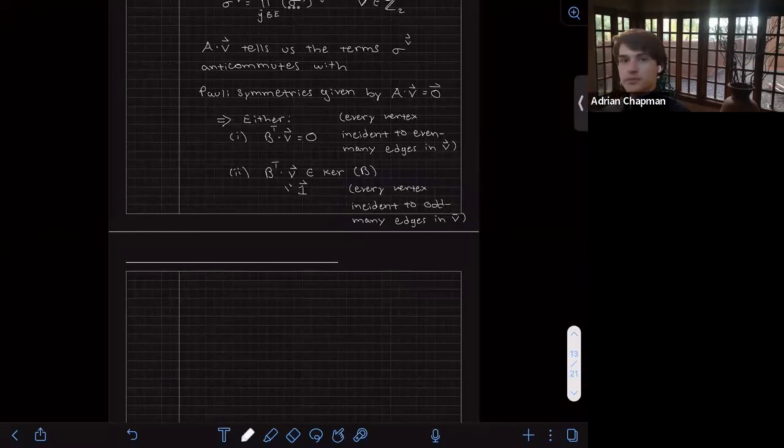In case 2. So case 1 naturally corresponds to cycles, because any even degree subgraph can be partitioned into cycles, the edge sets can. And case 2 sort of corresponds naturally to the parity symmetry operator.